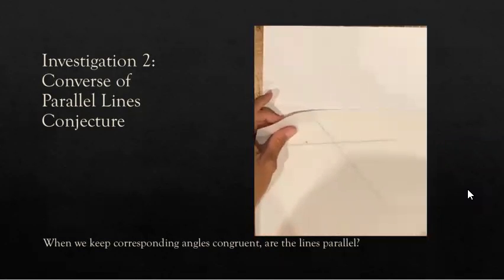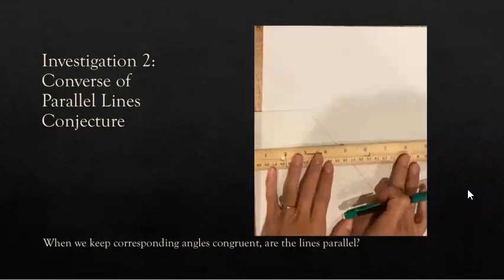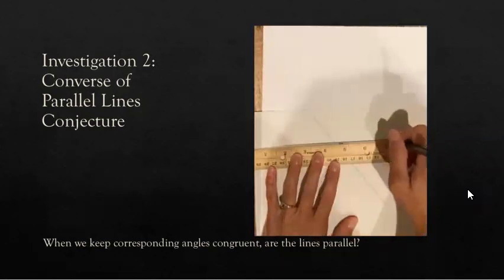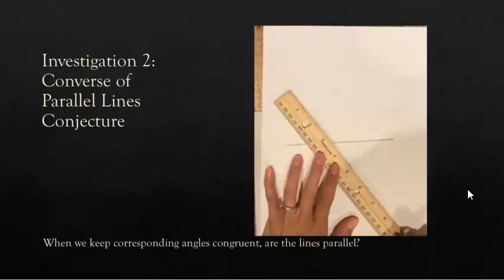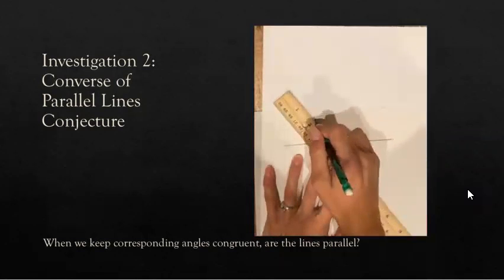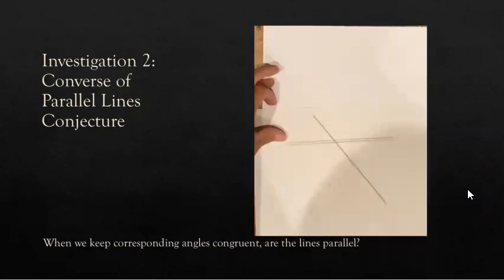When we do that, we know that the tracing paper and the paper underneath have congruent angles because we have just traced them. They are exactly the same at this moment. Then we're going to take our tracing paper and move it down.